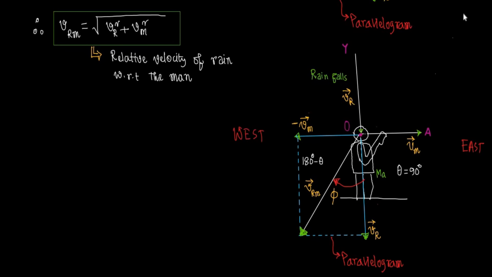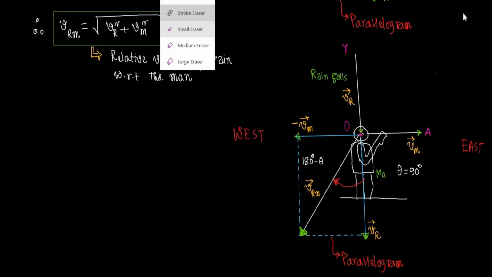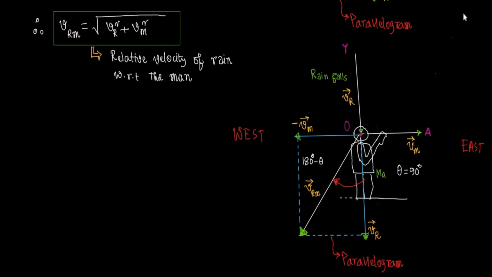Now we can denote the angle phi, which is the angle subtended by the relative velocity of rain with respect to the man.